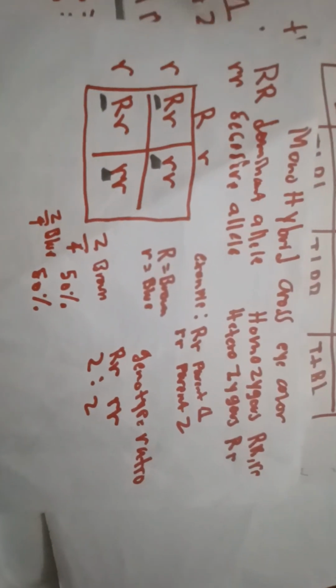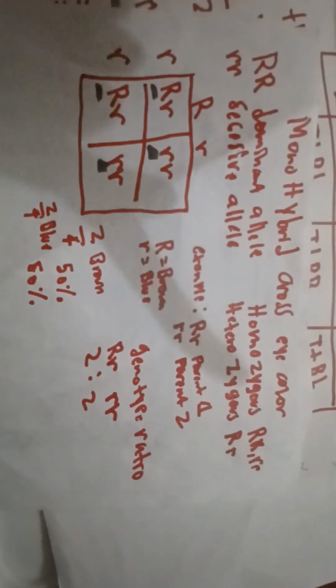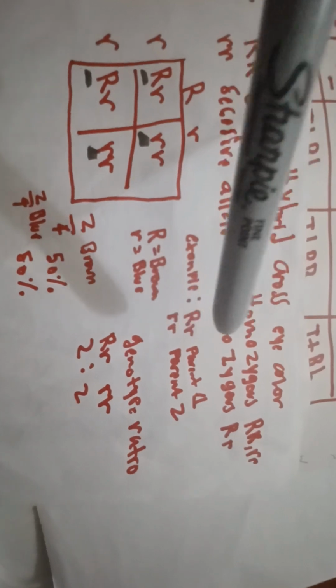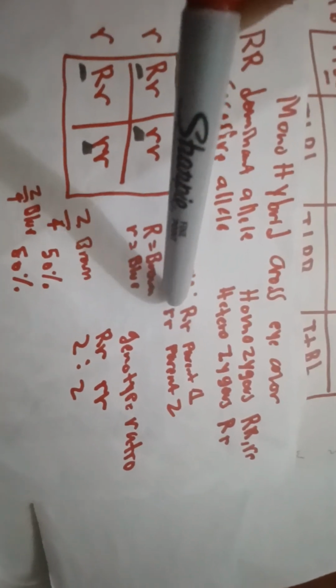Heterozygous means that they have a dominant and a recessive allele. So in this case, you focus on just one characteristic, that is the eye color. The first parent, this is an example, has a pair of alleles: a dominant, and the second is a recessive.